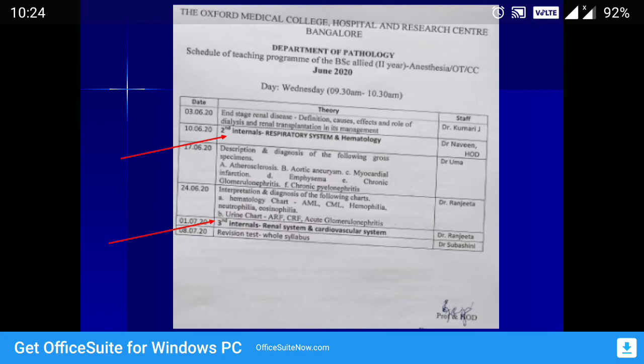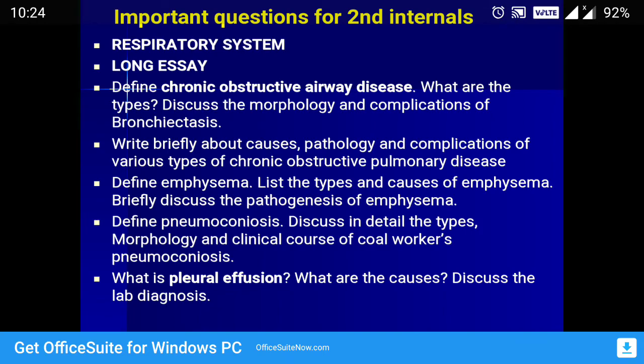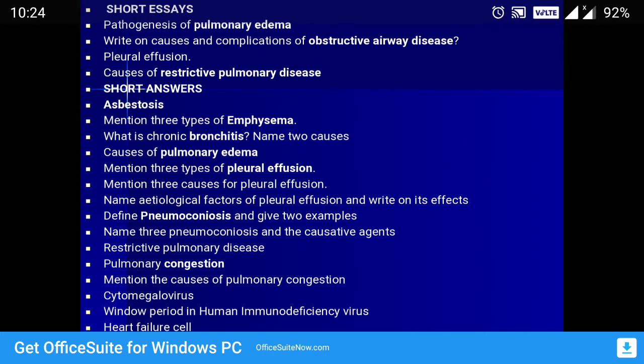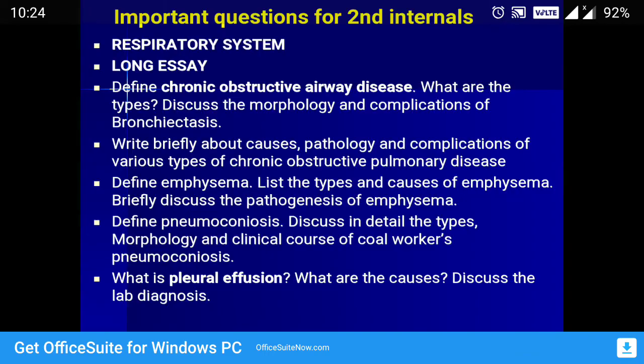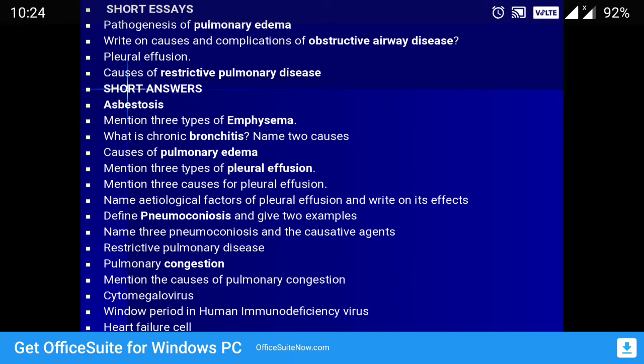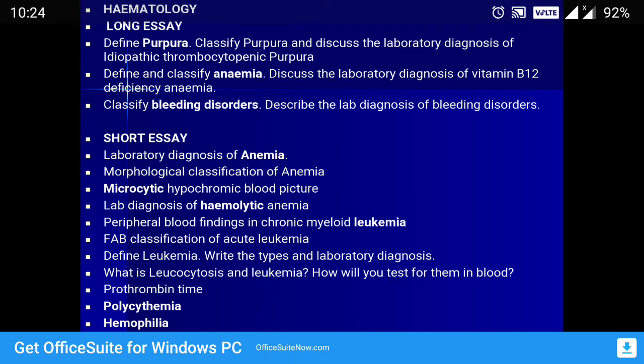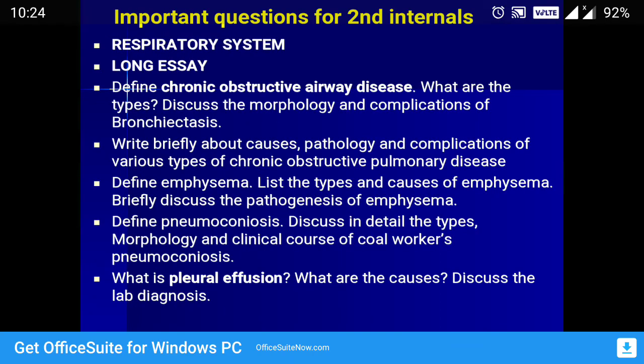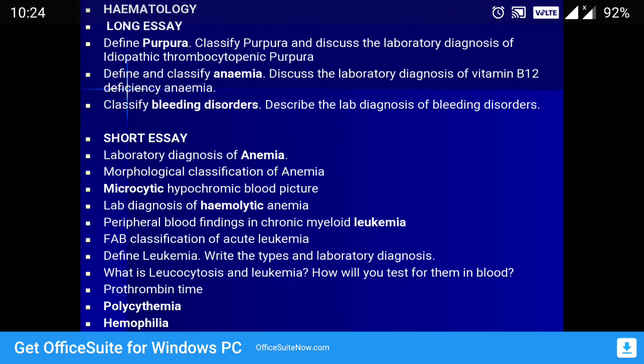The topics for the second internals are renal system, respiratory system and hematology. These are the important questions that you have to read, and make notes as much as possible. Make notes for all the questions. I have given all the long essays, short essays and short answers, both for hematology and for the respiratory system.